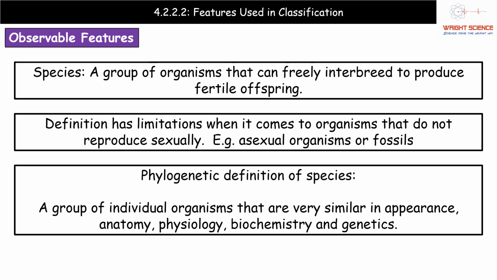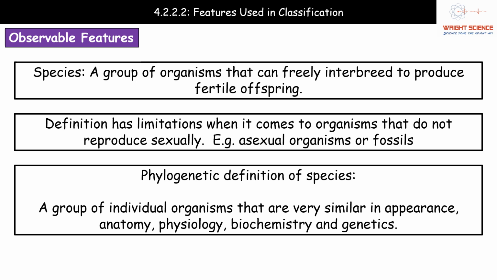So we wouldn't really be able to classify something as a species if they're asexual organisms based on that definition alone. We also couldn't use that if we're trying to classify things that are no longer living and all we have is a fossil record of them, because quite clearly we can't see, are they breeding together to produce fertile offspring? So we have limitations.